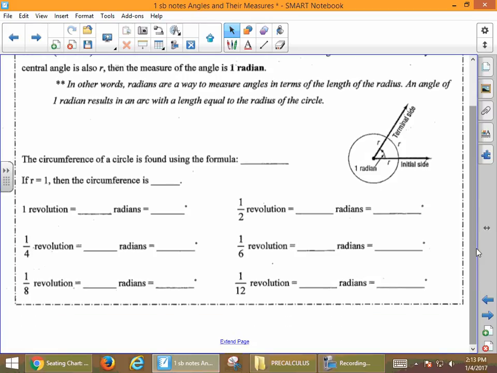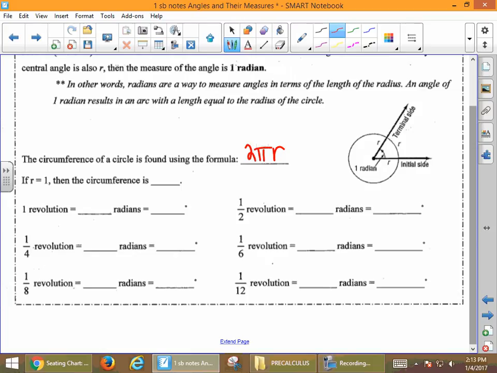But the circumference of the circle. Anybody remember what the formula for circumference of a circle is? 2 pi r. The circumference of the circle is measured by 2 pi r.